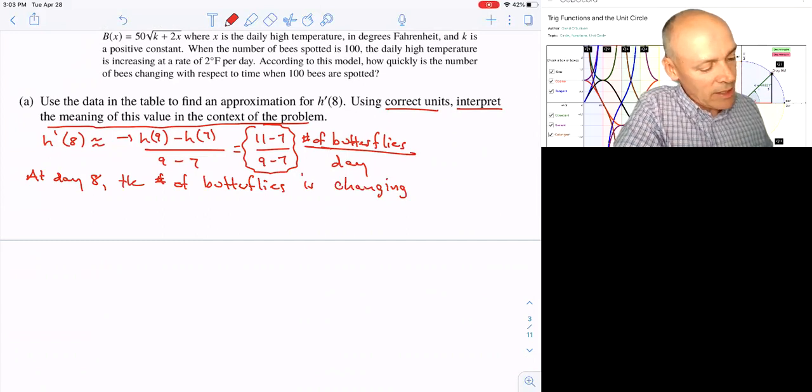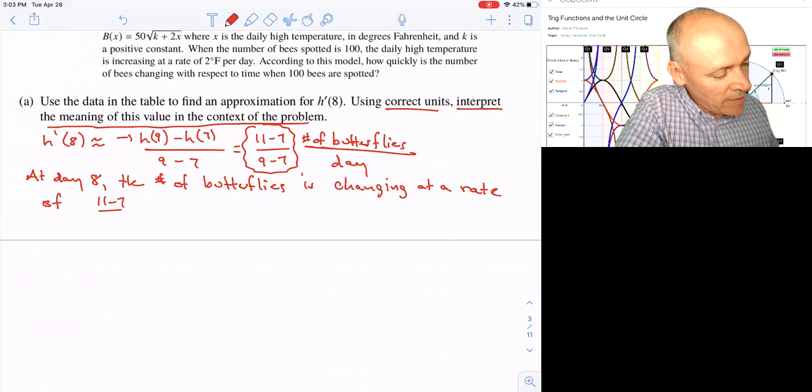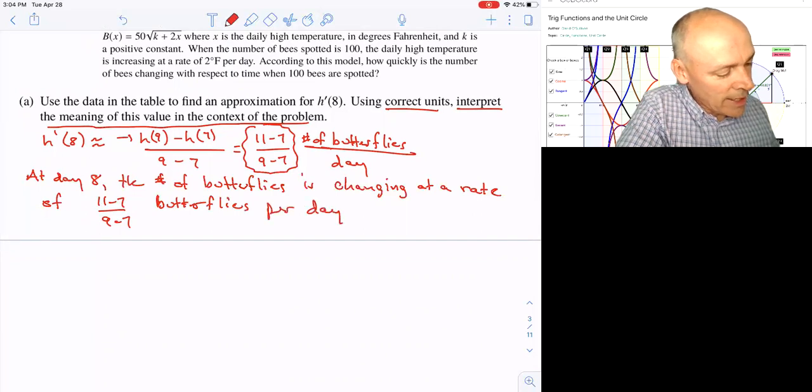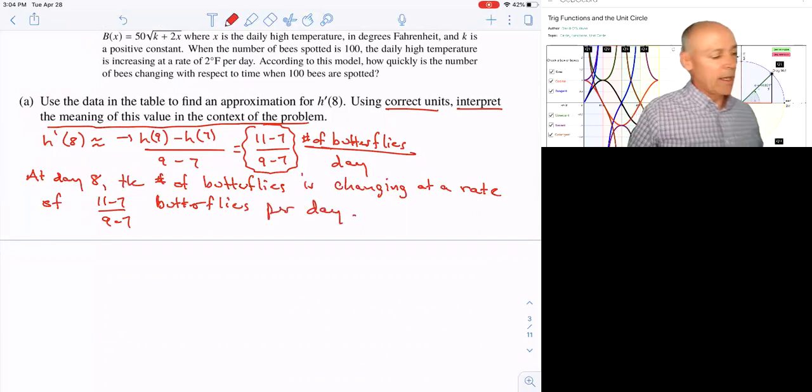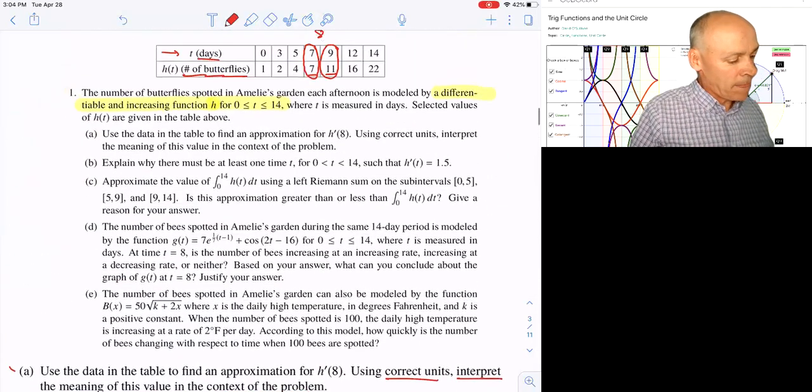I could just say it is changing at a rate of 11 minus 7 over 9 minus 7 butterflies per day. And that's my interpretation in the context of the problem. Okay, so that's part A.